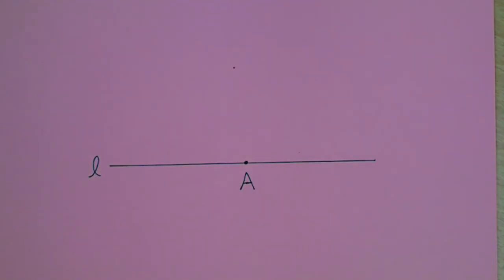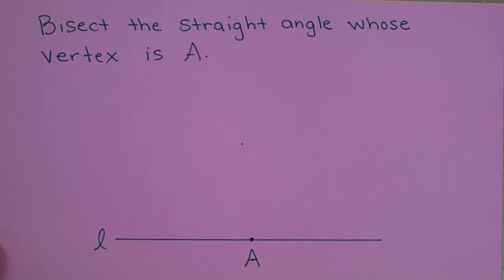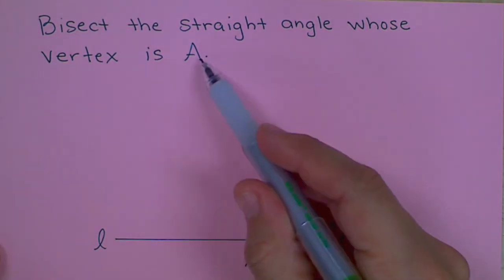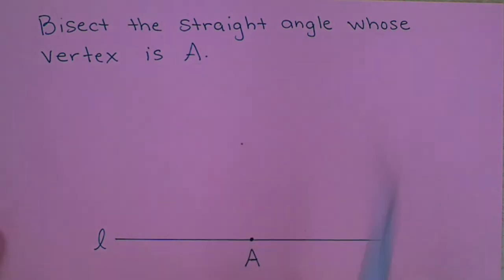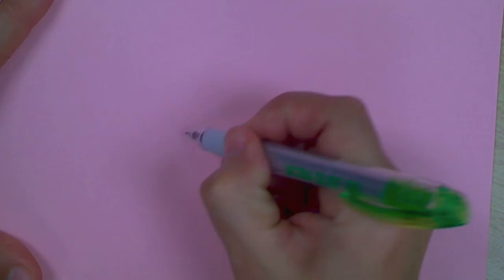The third one that we're going to look at is if you want to bisect the straight angle whose vertex is A. Now the important thing here, we have created constructions before where we have bisected any other given angle.